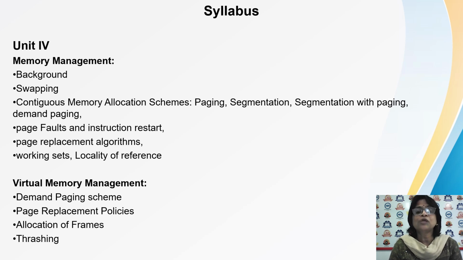But virtual memory is a technique which allows us to run a program whose size may be larger than the main memory size. So that is the concept of virtual memory, which is implemented by demand paging. That will be covered in the 4th unit.